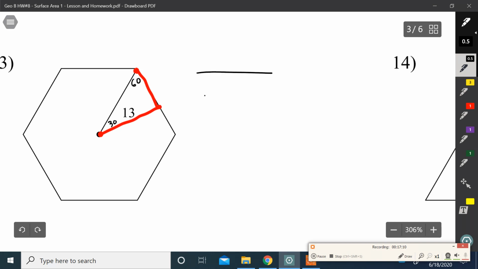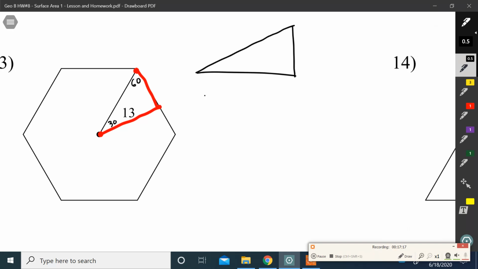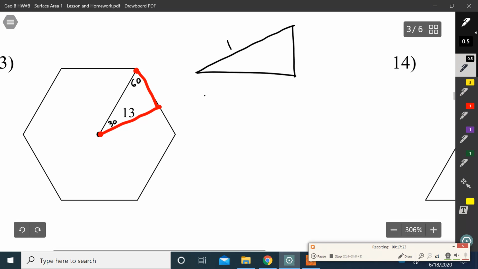So I'm gonna draw my triangle here. Notice that I always like to draw my special right triangle. It helps me so much. So this part right here is 13. That is 2a. This is a square root of 3. And this right here, it's a.